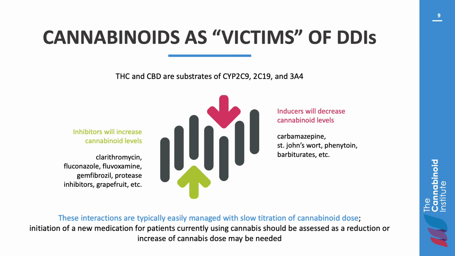These interactions are typically easily managed with slow titration of cannabinoid dose. However, initiation of a new medication for patients currently using cannabis should be assessed, as a reduction or increase of cannabis dose may be needed.